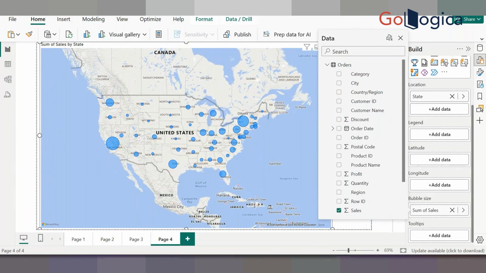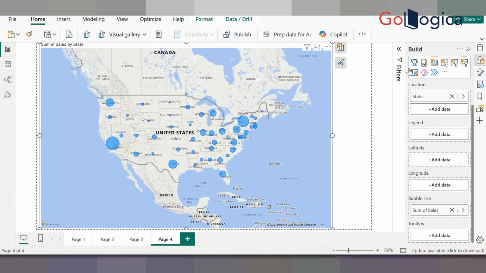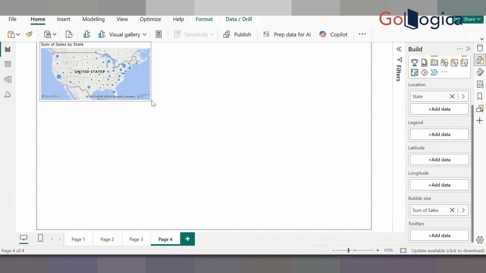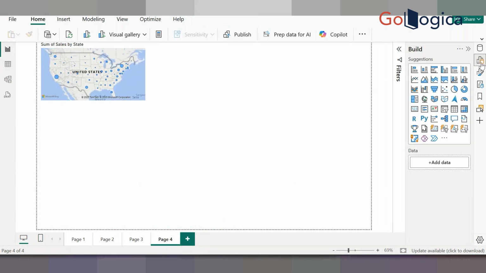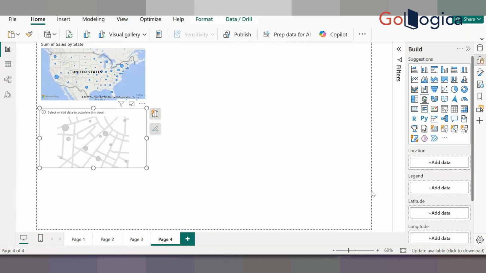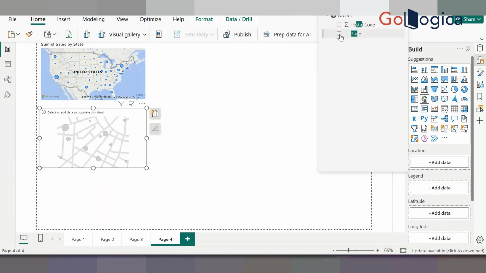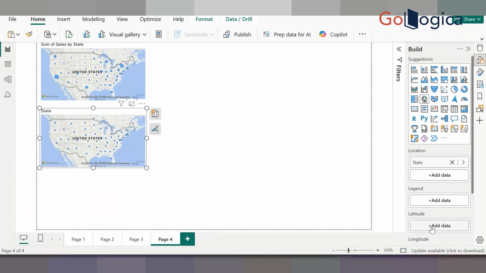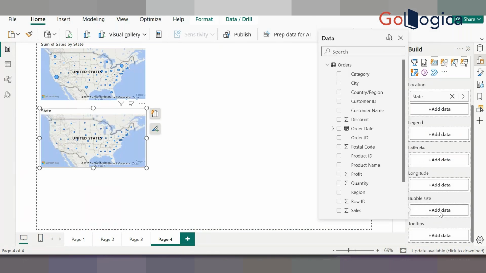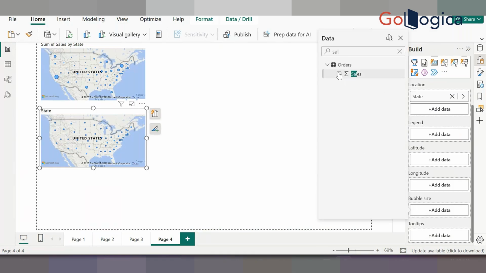Fine. Cool. So we have this particular kind of thing. I'll just create another map here. I will take the same thing, state wise, how the sales are happening.